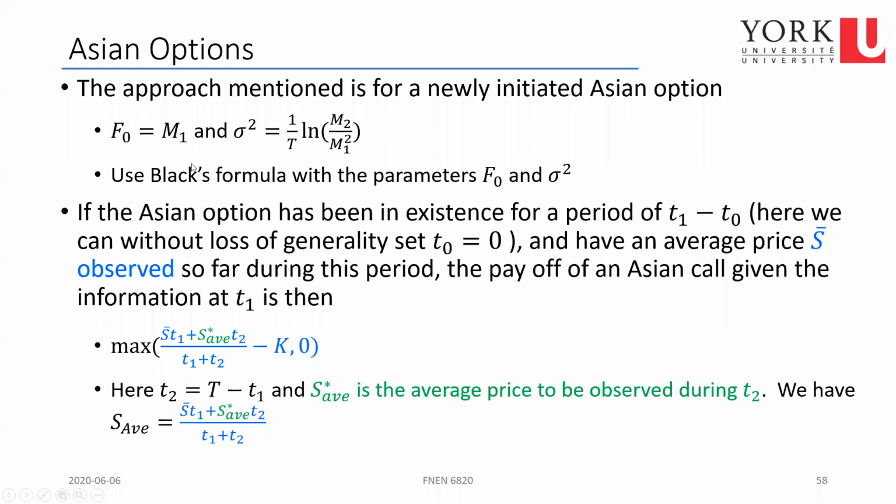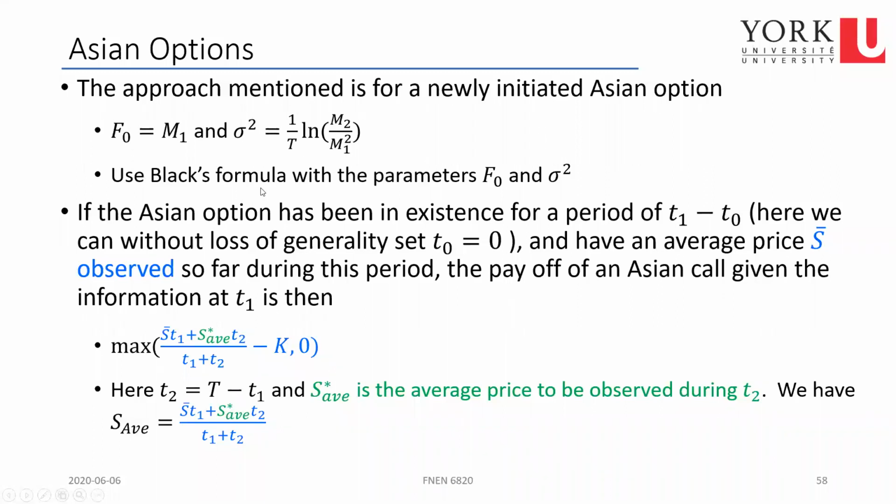So using Black's formula gives us a reasonably simple way to price an Asian option, where, if the stock price is following a log normal process, you don't need to know the actual distribution of the average of the stock price. All you need to worry about are the first two moments of that S average.